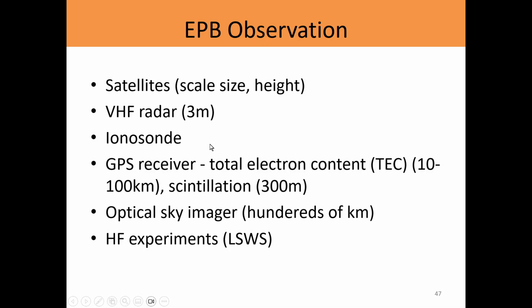Ionosonde is more point to point, because it is vertical transmission. For GPS, when you compute the total electron content, it's like tens of kilometers, a large distance. For scintillation, it's smaller, in like hundreds of meter scale. Optical sky imager is more like hundreds of kilometers because you look at the whole sky, right?